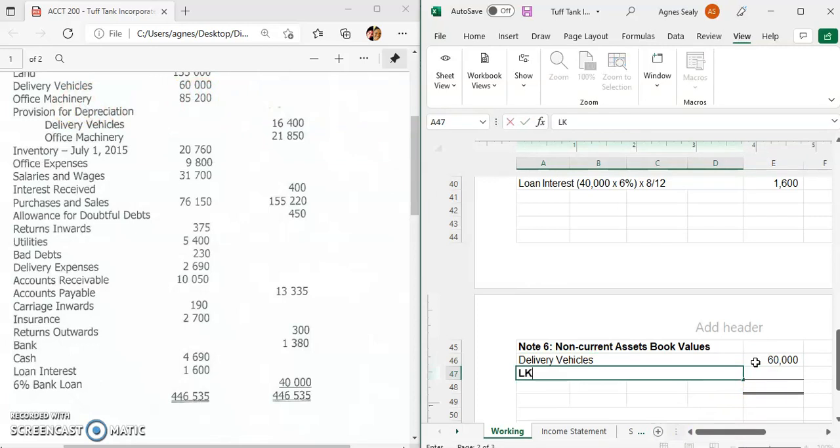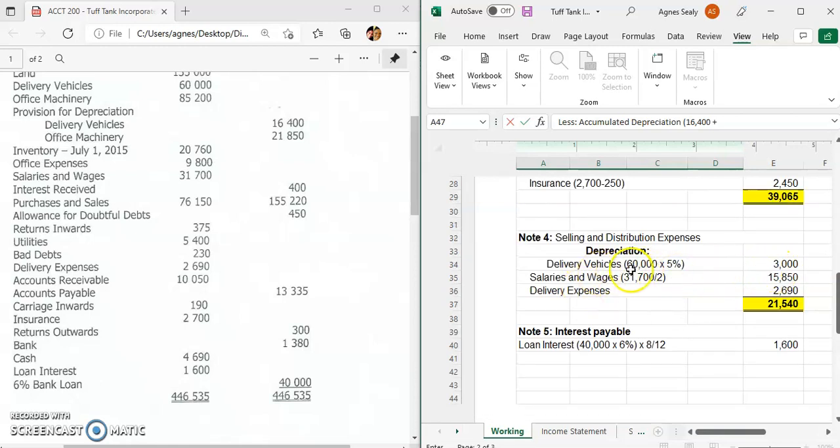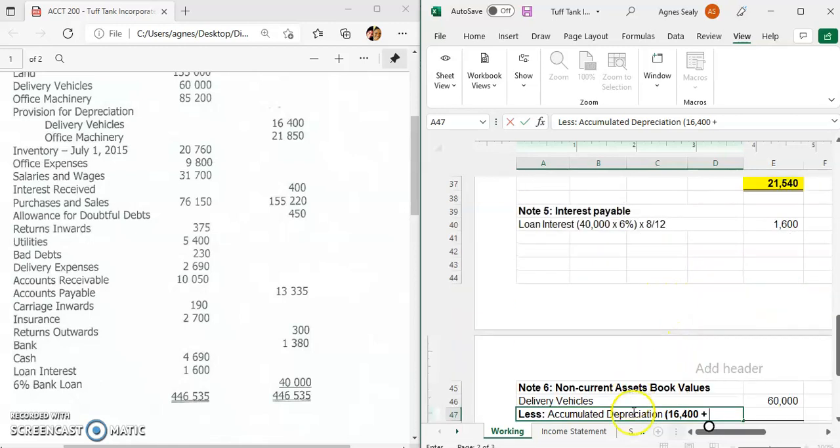And then we are going to subtract our accumulated depreciation. Let's calculate that accumulated depreciation. It is going to start with the $16,400 from before, and to that we're going to add the new depreciation that we calculated on delivery vehicles, which is $3,000.